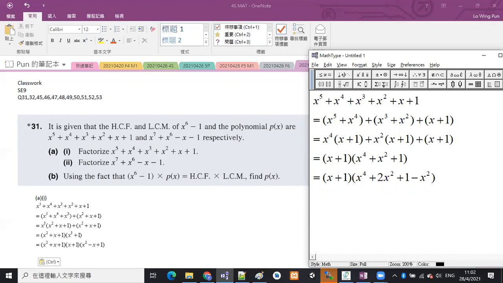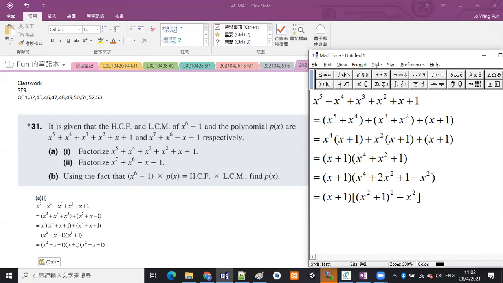When we have added an x squared term, what do we have for the first 3 terms? It becomes a perfect square. It becomes x squared plus 1 in brackets squared, and then minus x squared.